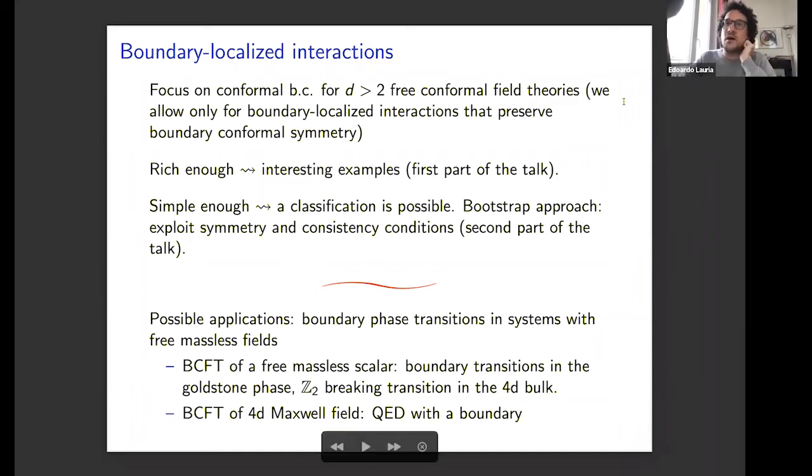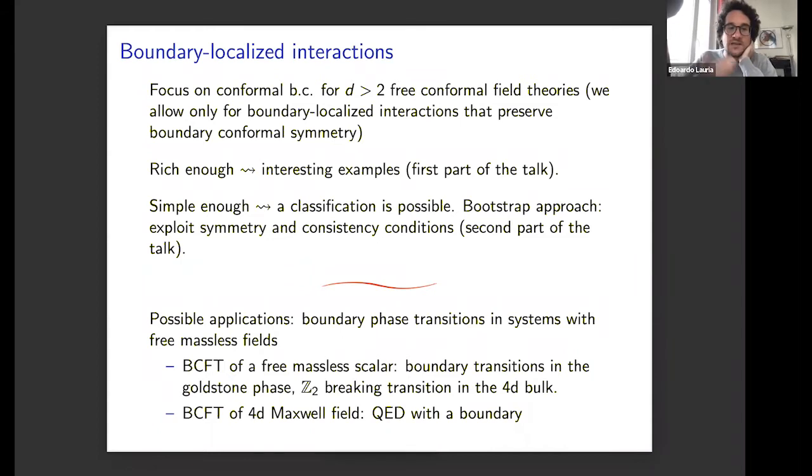In my system, the bulk will always be just a free theory, and then I will be allowing for arbitrary boundary-localized interactions, assuming that they preserve boundary conformal symmetry.